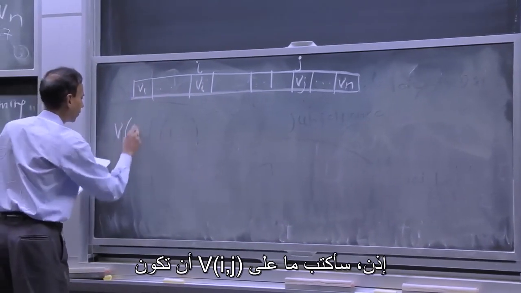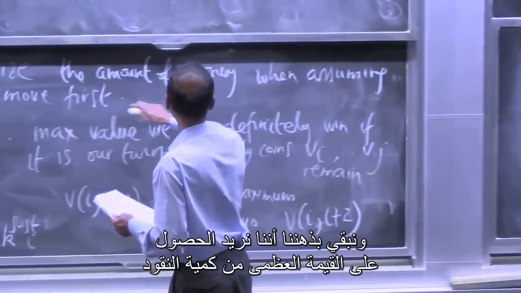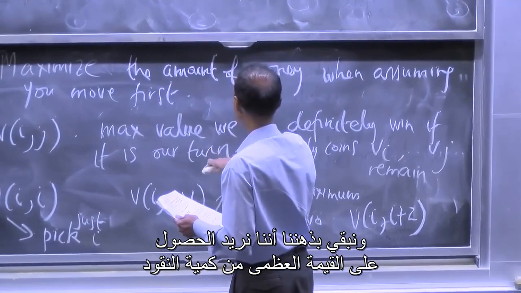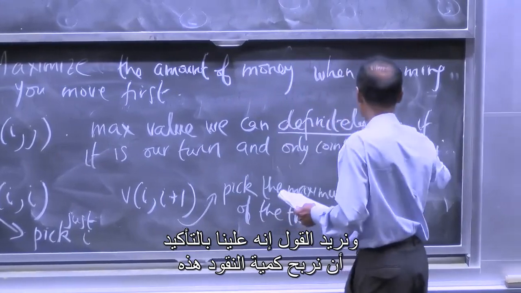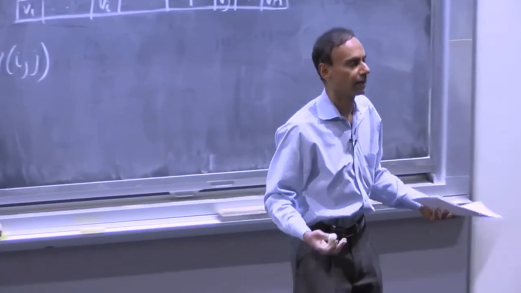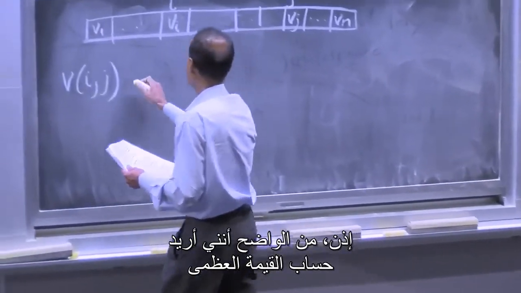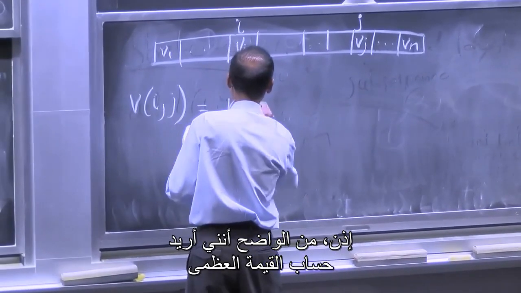So I'm going to write out what Vij should be. Keep in mind that we want to maximize the amount of money, and we want to say that we should be able to definitely win this amount of money regardless of what the opponent does. So I want to do a max, obviously.